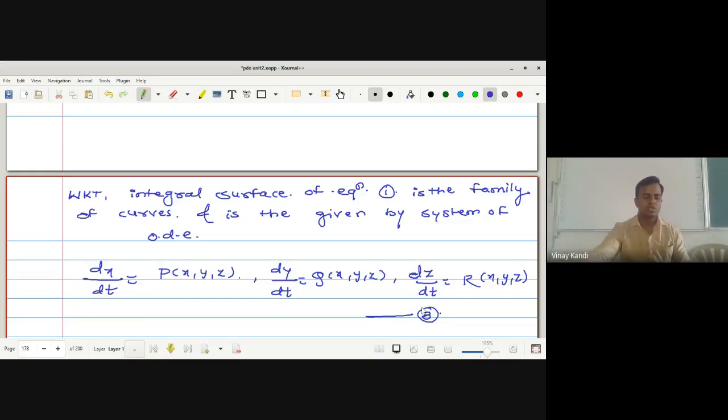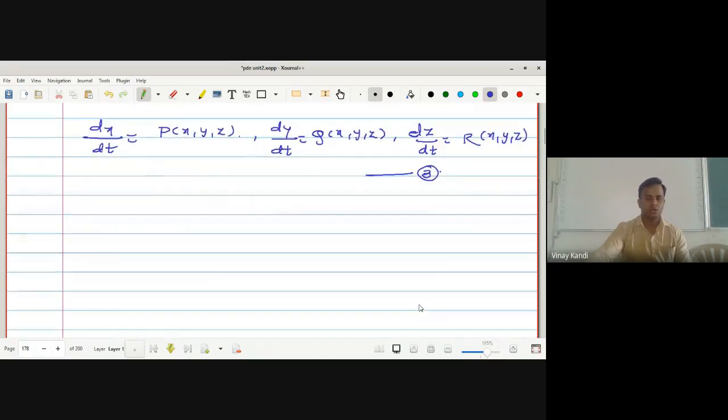Okay, now we have to solve this equation to find the unique family of characteristic curves passing through the point x0, y0, and z0.